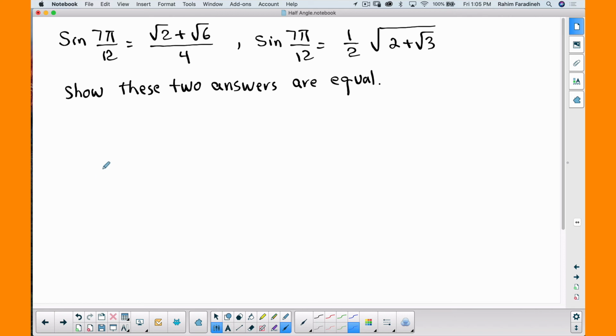So I'm going to start with the first one and square it. But before I square it, let's see if we can simplify a few things.